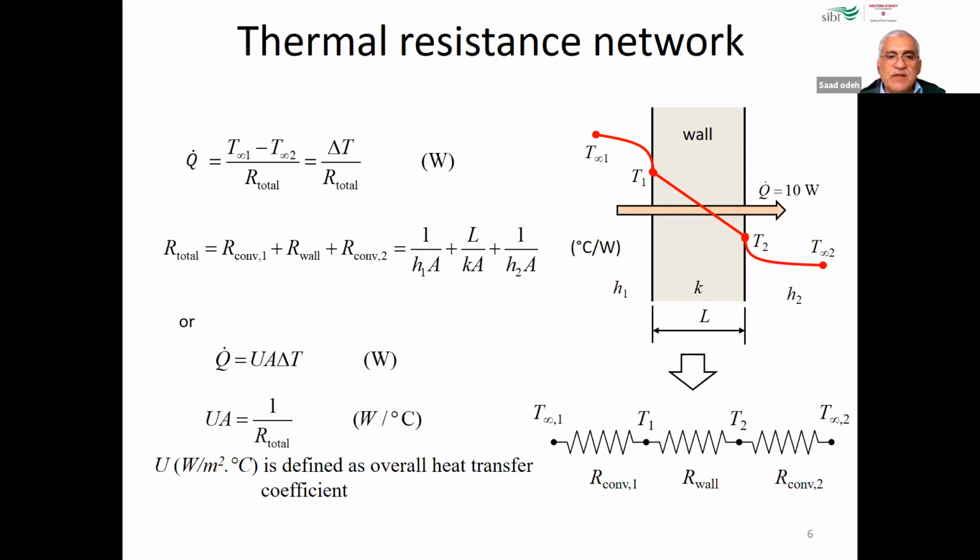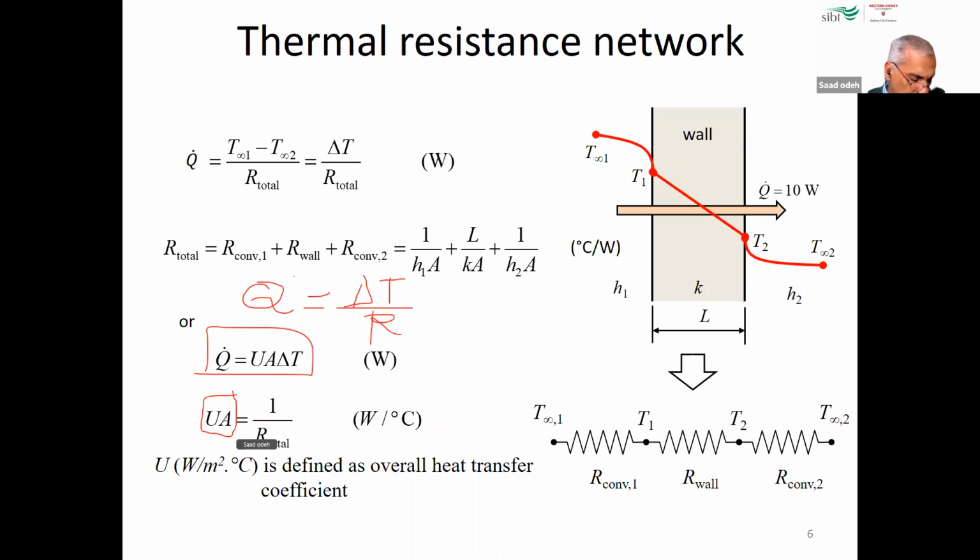Okay, so this is the general equation of heat transfer. We said that Q dot is equal to delta T divided by R, as we mentioned before, where R already includes hA, or we can say Q dot is equal to U times A times delta T, and UA, as you can see here, is equal to 1 over R. So it's up to you.